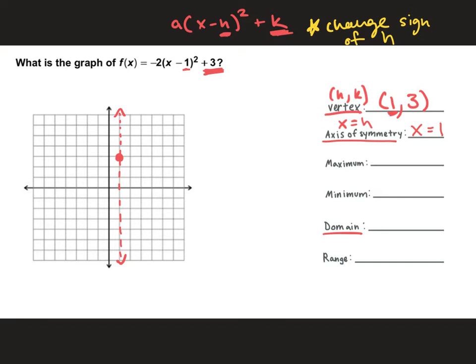Okay, and the last thing we can do without graphing anything else is our domain. What do you think our domain is here? So look back on that page with all of our vocab on it. What's our domain of any quadratic function?